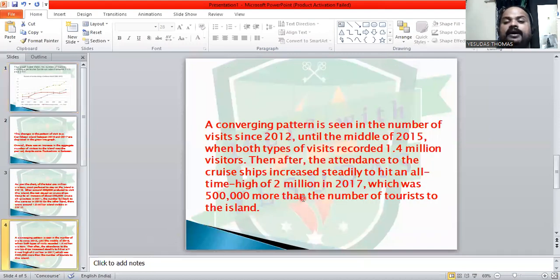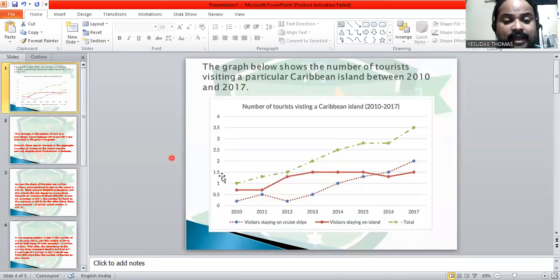Then after, the attendance to the cruise ship increased steadily to hit an all-time high of 2 million in 2017, which was 500,000 more than the number of tourists to the island. Now we have to say the attendance to the cruise ship increased steadily to hit an all-time high of 2 million.